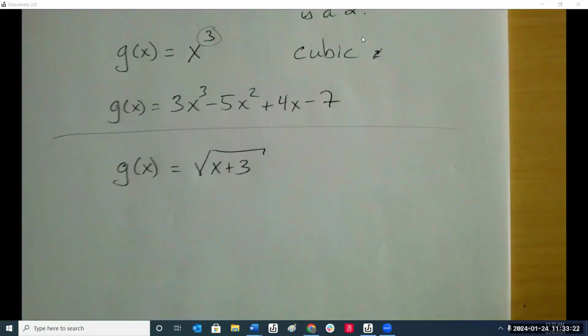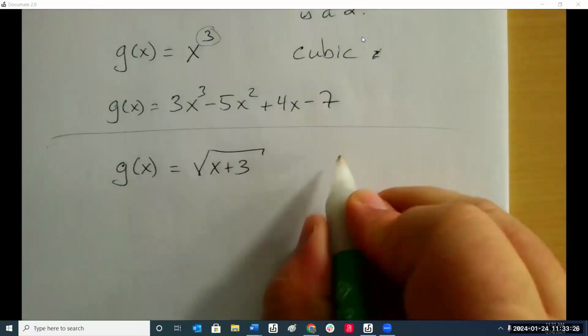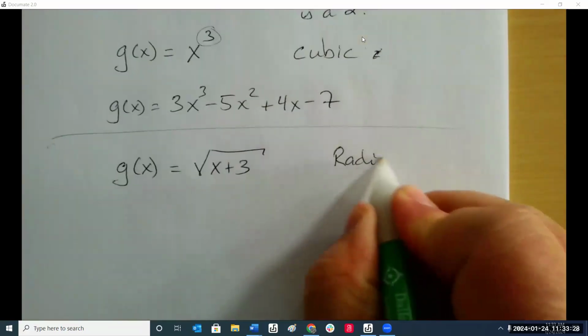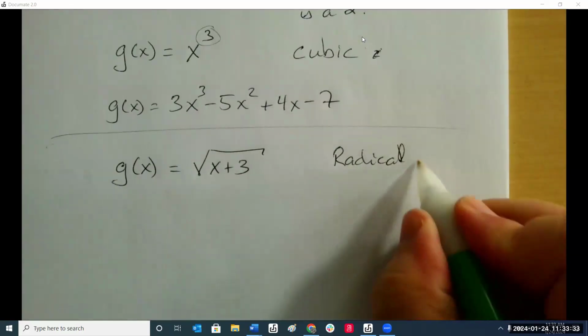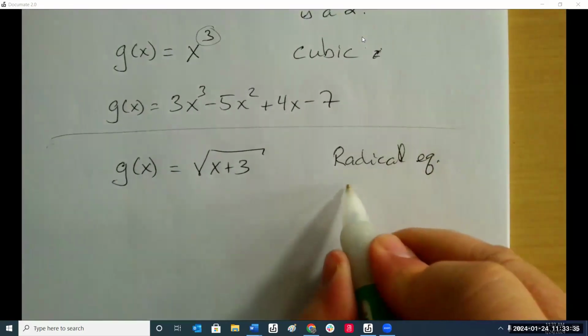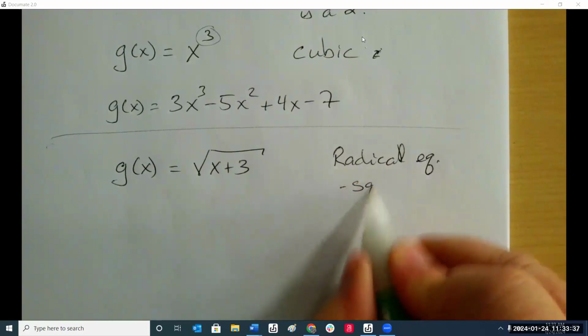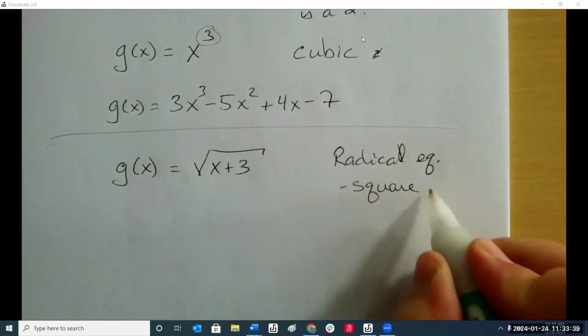What's that called? It's a radical equation. In this case, it's a square root.